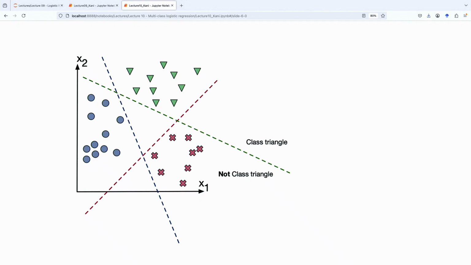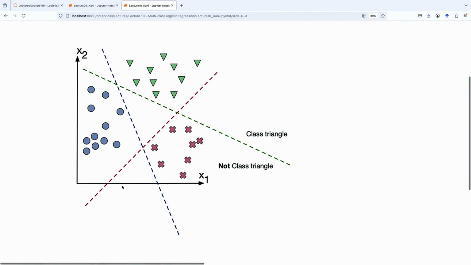In fact, if there are C classes, we could have C classifiers, right? And for each class, we could simply relabel the data, so basically this is positive and these are negative. And then we train our classifier to simply say, this is class triangle, this is class not triangle, right? So we could do multiple classifiers like this.